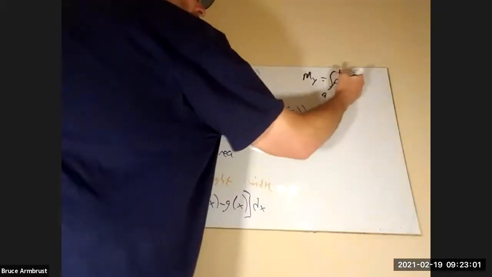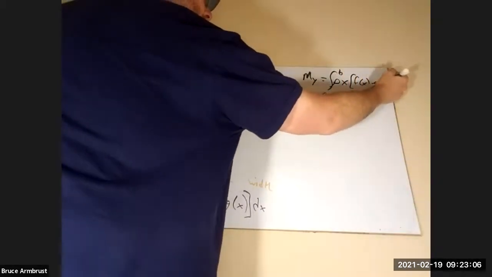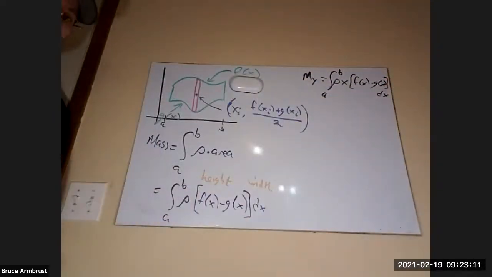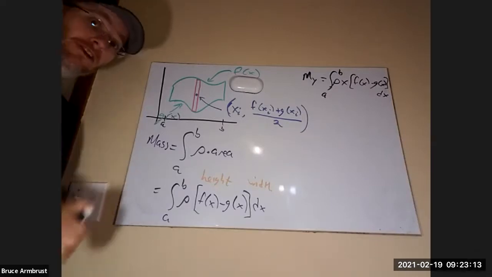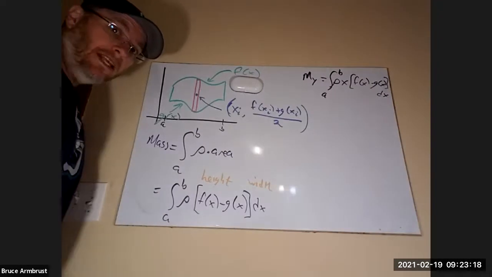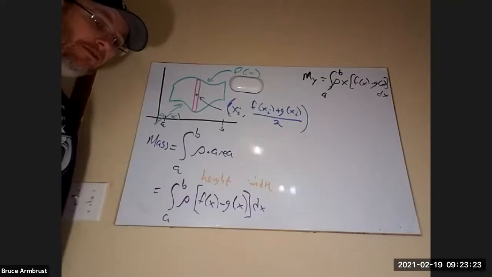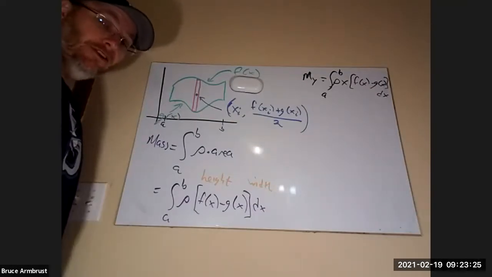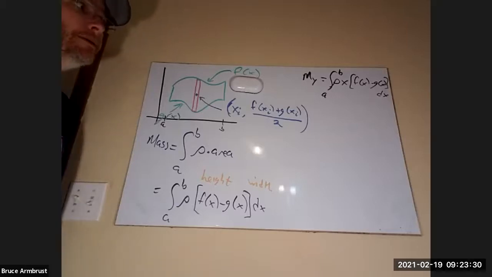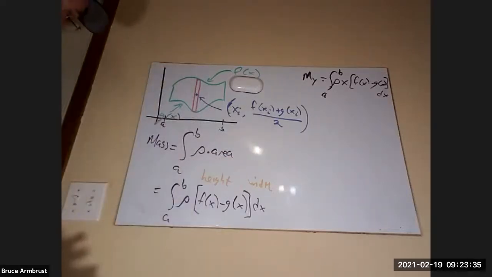So this is going to be rho x times f of x minus g of x dx. If you go back and look at the one that we did before, the only difference is now we're subtracting g of x. That wasn't in there before because there was no g of x, and it didn't affect the mass. So there's the My, virtually the same as the one before.